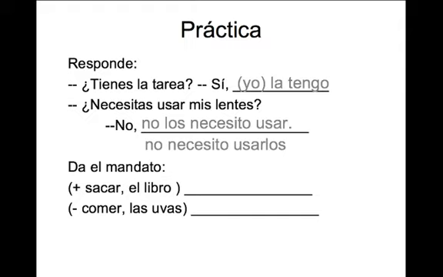With the commands, los mandatos, sácalo, take out the book. Take it out. Don't eat the grapes. Don't eat them. No las comas. So some grammar review with the mandatos. But remember the lo, la, los, and las is what we're going for here.